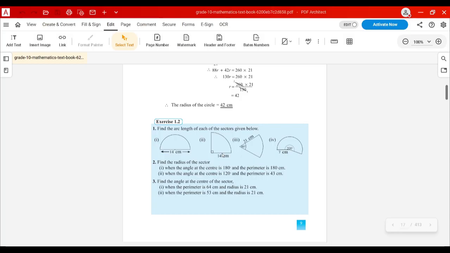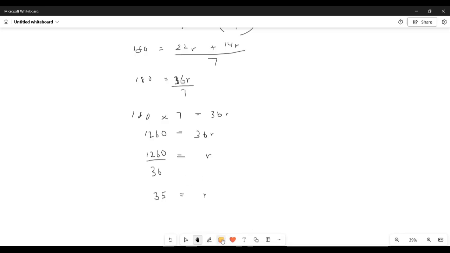Right, so now the question number 2, second part. When the angle at the center is 120 degrees and the perimeter is 43 centimeter. So like I said, 120 degrees means 1/3 of the sector. Okay. Have to erase all this.